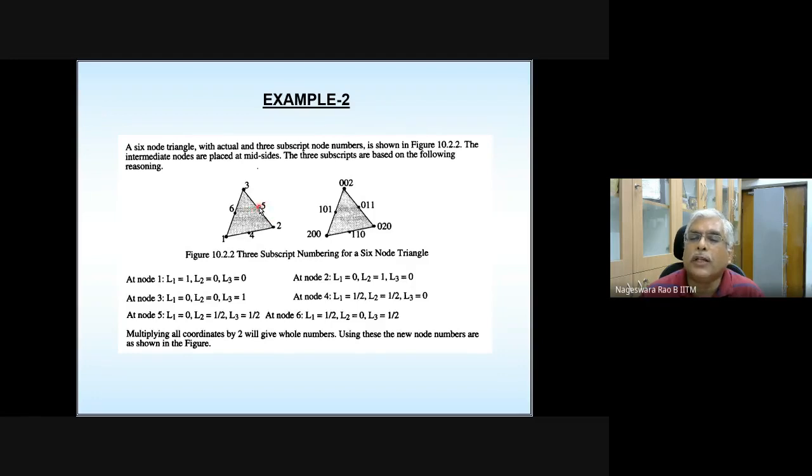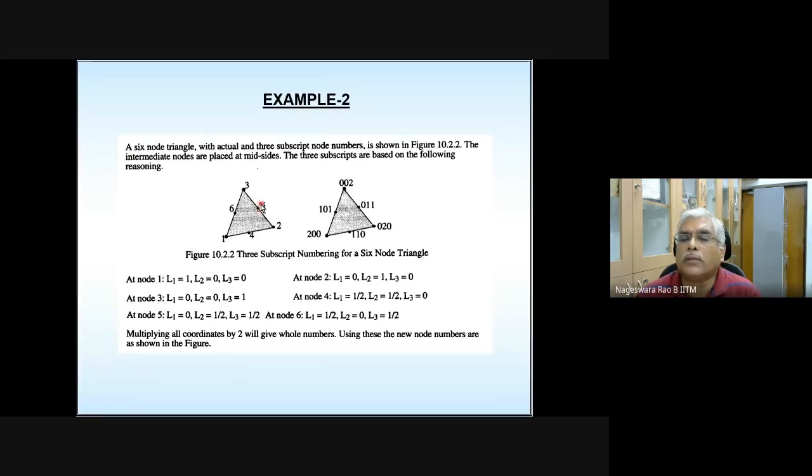You substitute the coordinates of node 5, which are x2 plus x3 divided by 2, y2 plus y3 divided by 2, in the equations for L1, L2, L3, replacing wherever x, y are there.